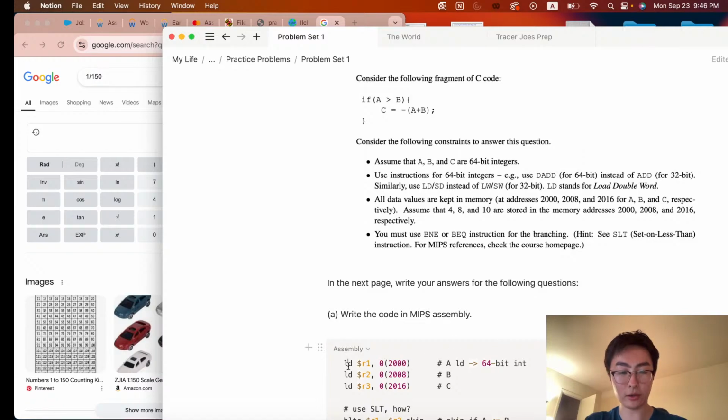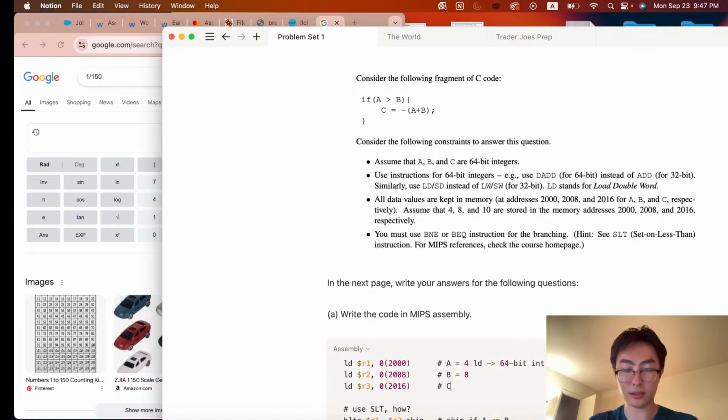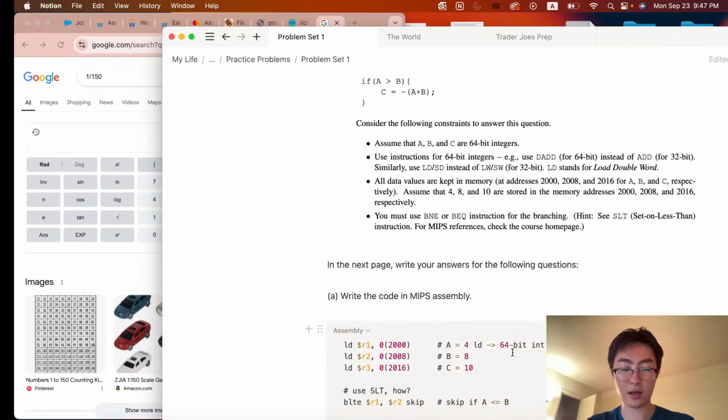Okay, so we need a load double word, taking the original memory address, 2000, 2008, 2016. We don't need to offset, we'll just get the value. A is equal to 4, B is equal to 8, C is equal to 10.